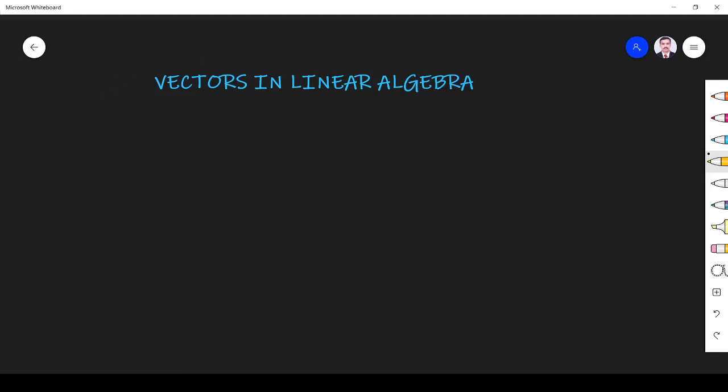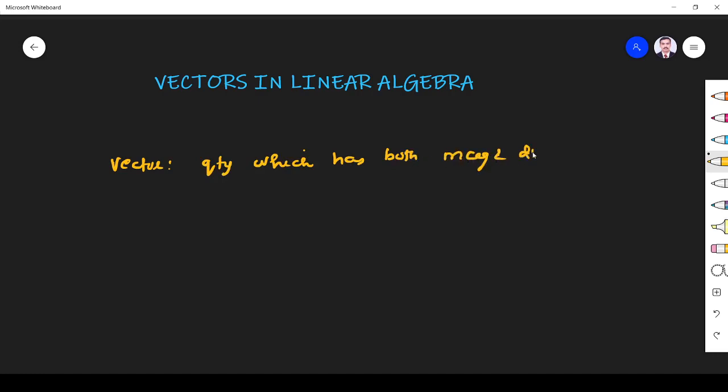So in linear algebra we are going to learn about vector space and its implications. So we must know what vectors are. We have used the term vectors in physics and mathematics. There, a vector was defined as a quantity which has both magnitude and direction.